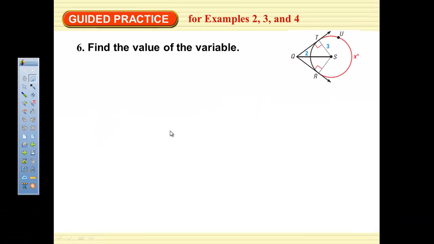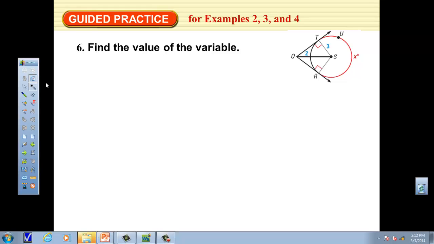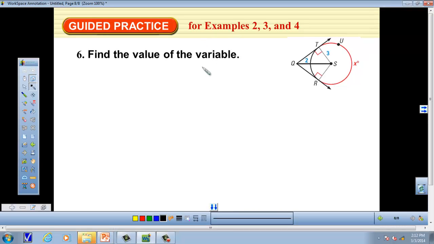And we're good. Here's another one, similar to the one with the Aurora Borealis or whatever. We know that this is 2, and we know that this is 3, so therefore this whole leg right here is 5, so QS is equal to 5. I want to know what this angle is here.